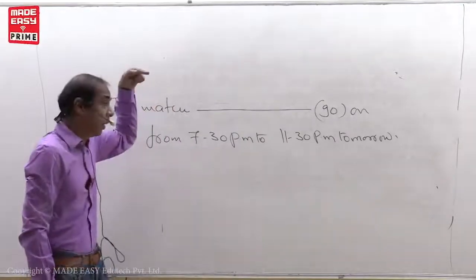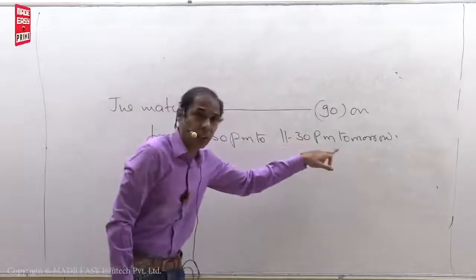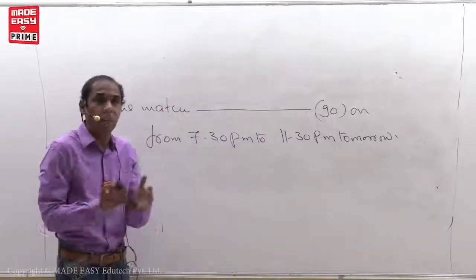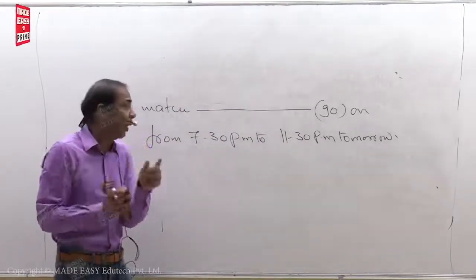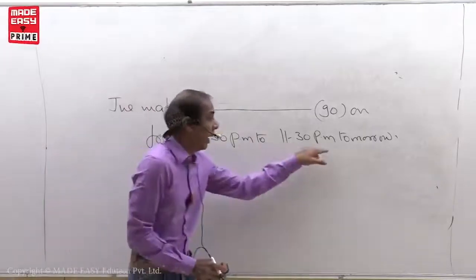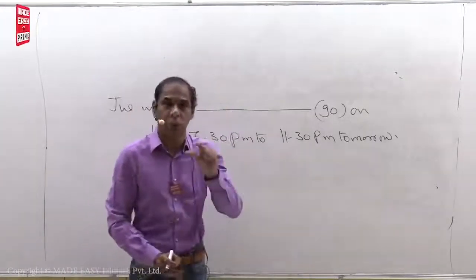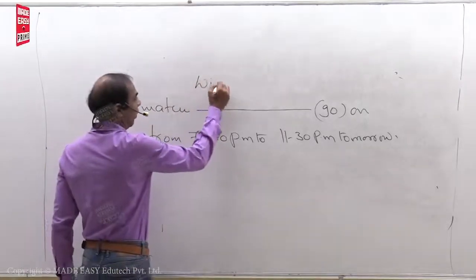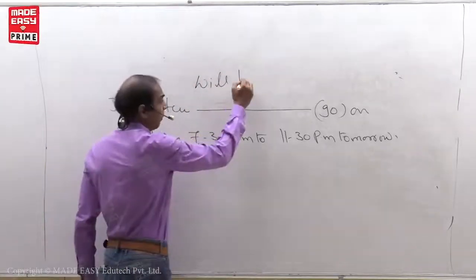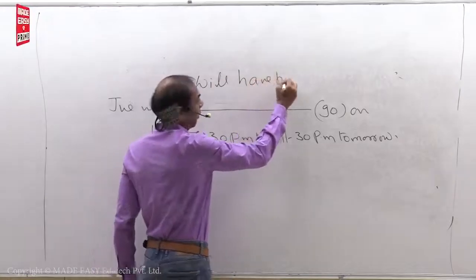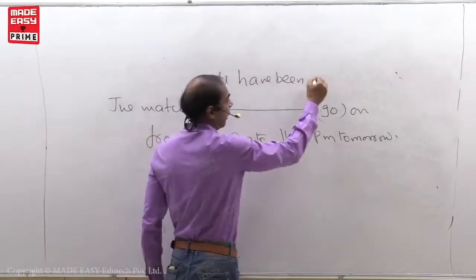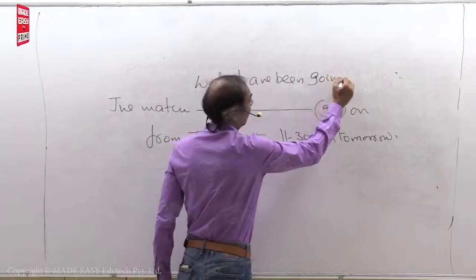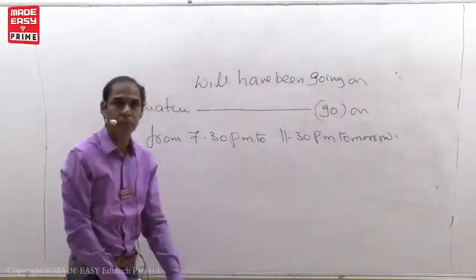It will be continued up to 11:30 p.m. tomorrow. It means if any action will be going on from one time to another time in future, that is called future perfect continuous tense. Will or shall plus have plus been plus be1 plus ing form going on.